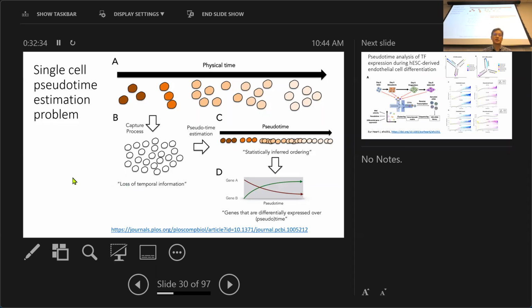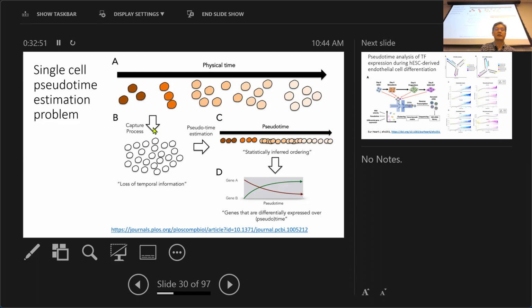So this picture just shows the cells with their development times color coded here.